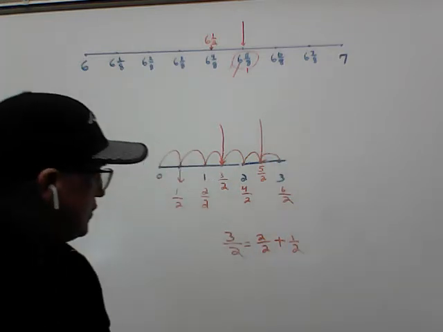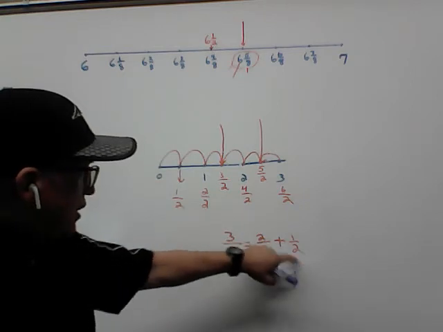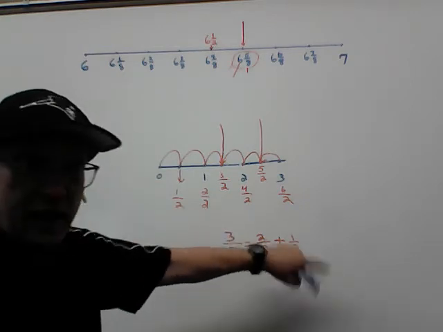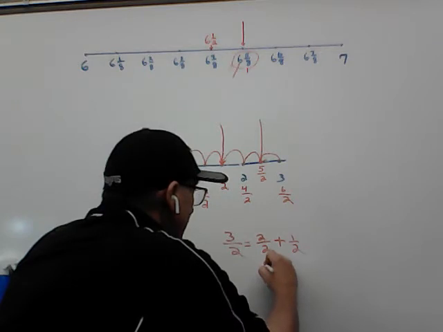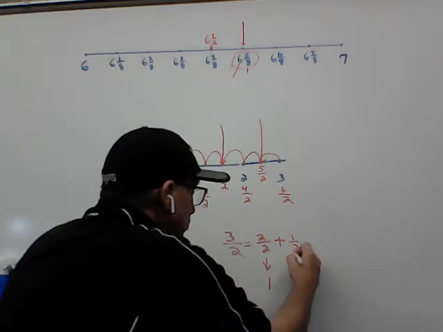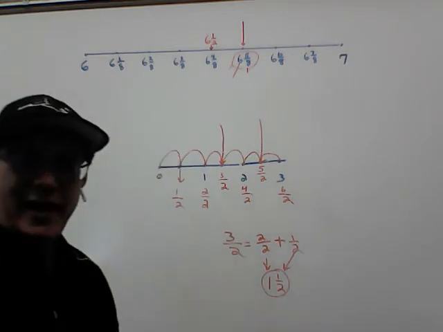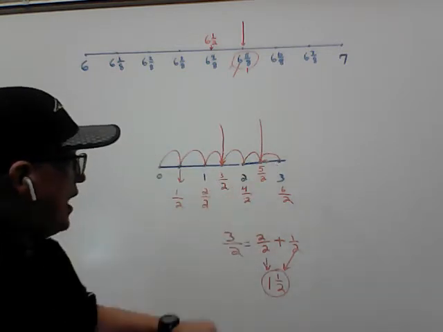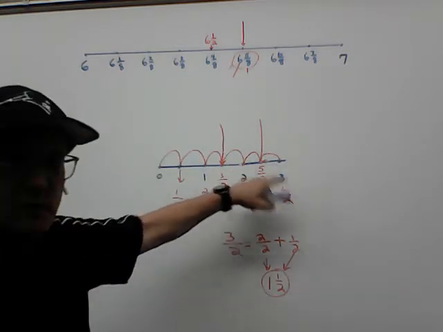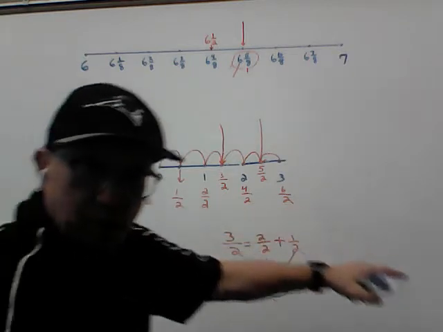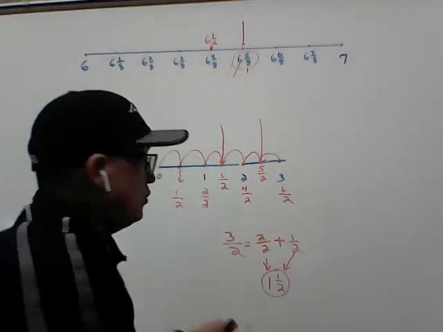Break that 3 halves down into 2 halves plus 1 half. 2 halves plus 1 half is 3 halves. But the 2 halves is 1, and 1 plus a half is what we mean by 1 1/2. What about the 5 halves? Well, the 5 halves is halfway between 2 and 3. You've probably guessed already, 5 halves is 2 1/2.